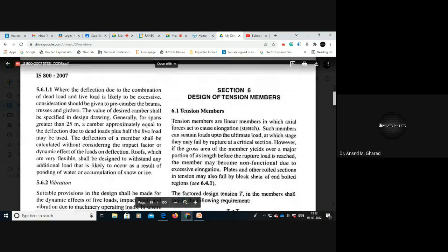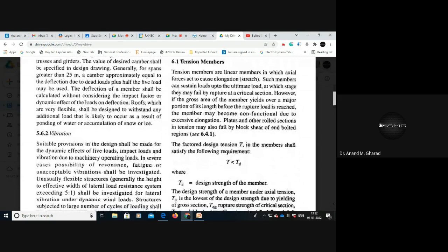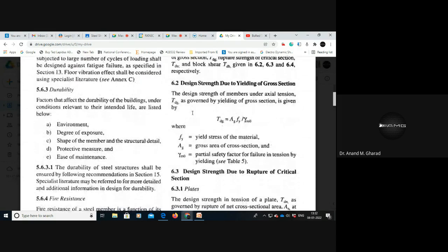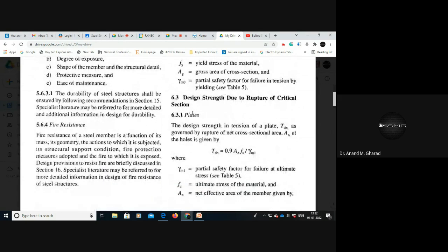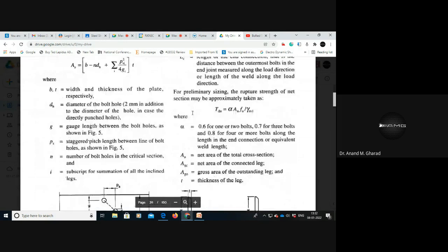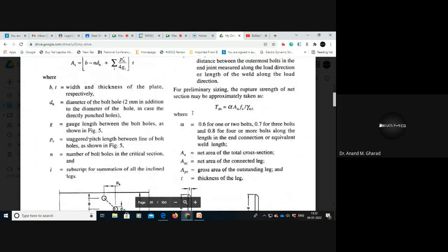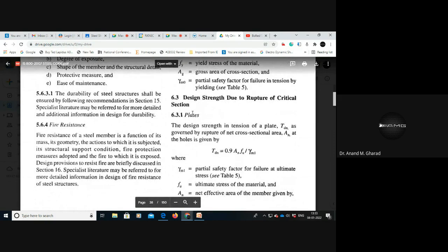Yes, and then we shall be discussing the tension members. We will see what the different formulations associated with this are and how these tension members are to be designed. So slowly we will be entering into the numerical aspect, but before that we should know what the essential values and essential clauses are.